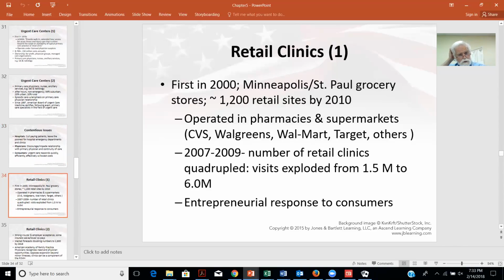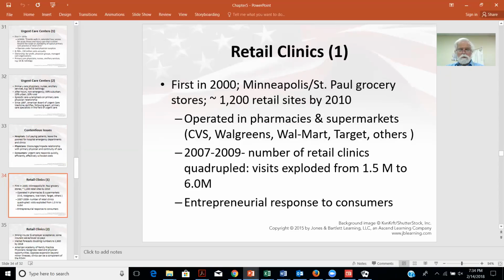Retail clinics we've started seeing just literally in the 21st century, and it can be done through a number of different settings. I had a student in HCA 474 actually working in one, and she wrote her report on how the one at the King Supers that she was working was organized and how it got started.